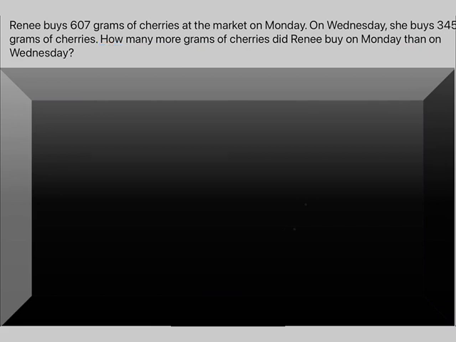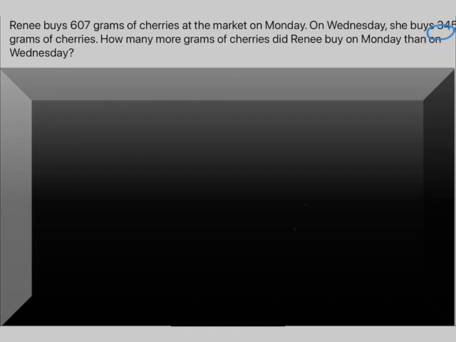For this question, we need a tape diagram, a number sentence, and a statement. First, let us see what information is being given in the question. On Monday, she buys 607 grams of cherries, and on Wednesday, she buys 345 grams of cherries. We have to find the missing part.